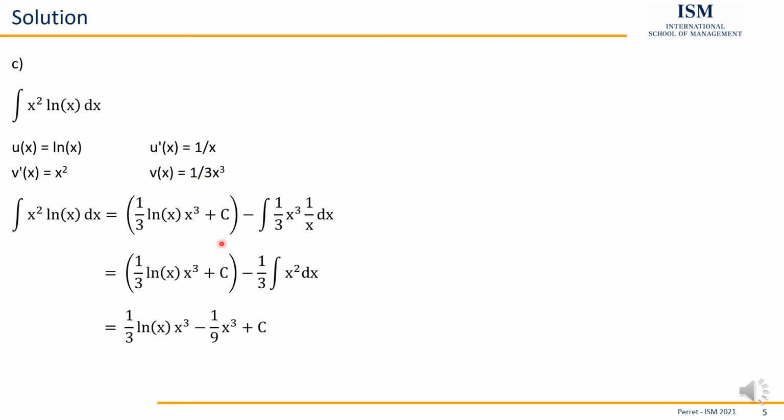So it's 1/3 times another 1/3, which is in front of the integral. That's here the 1/9 x to the power of 3 plus c. Then I could continue and, for example, factor out the x to the power of 3 as well. However, at this point we can already stop, because this took care of everything which is important in this regard.